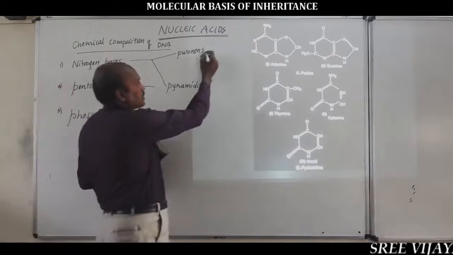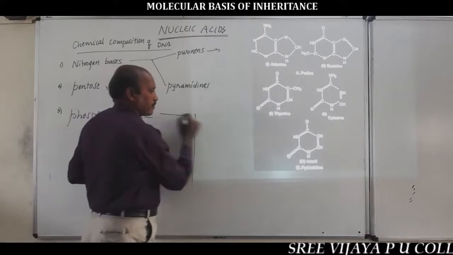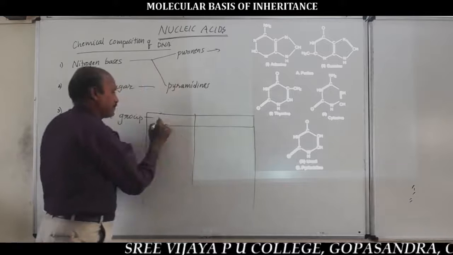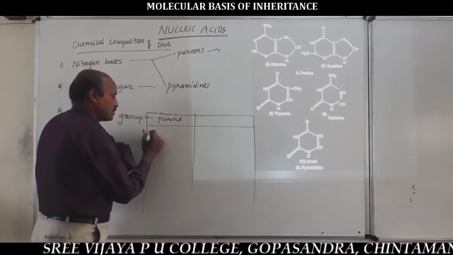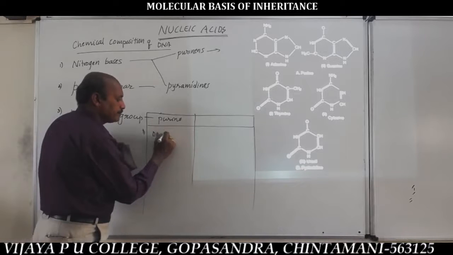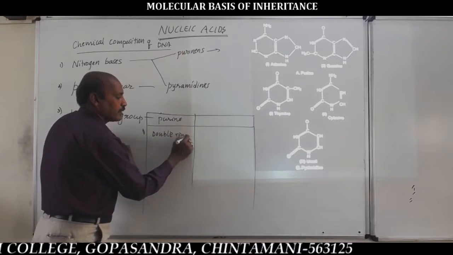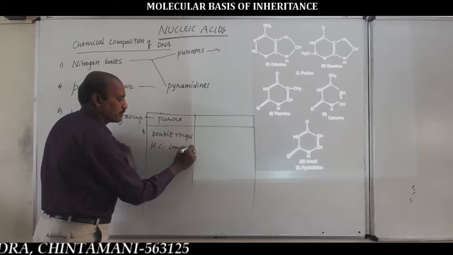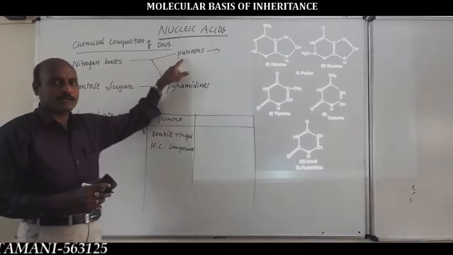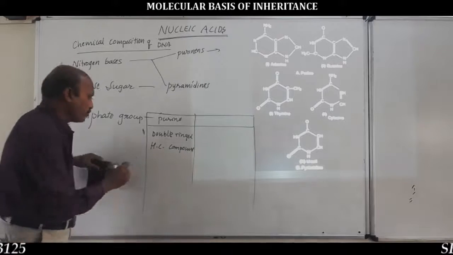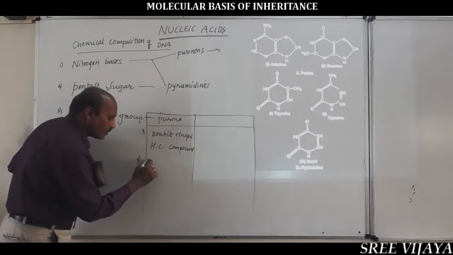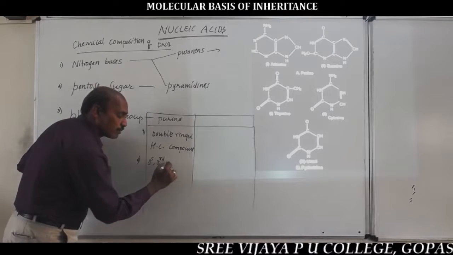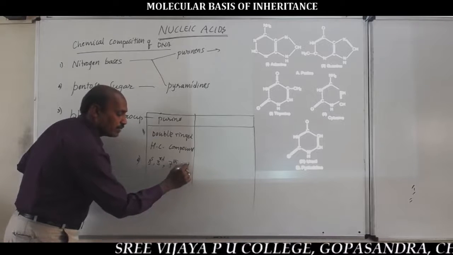Purines are double-ring heterocyclic compounds with nitrogen atoms at the first, third, seventh, and ninth positions.